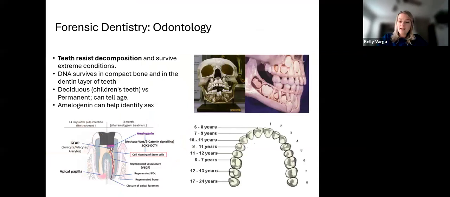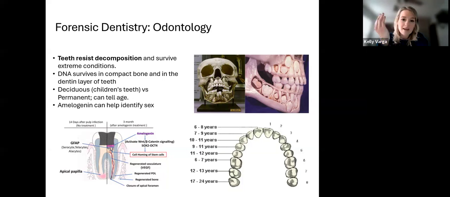So this leads to the last little bits of this chapter, which is dentistry, right? Odontology. And so we know that teeth are extremely resistant to decay due to the very important material of dentin and enamel.